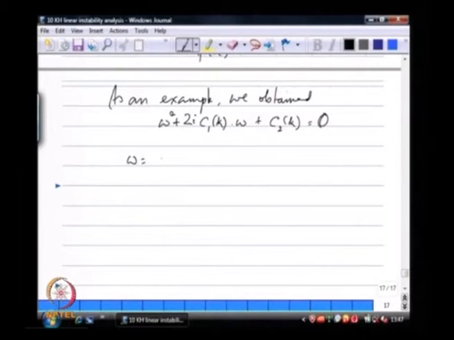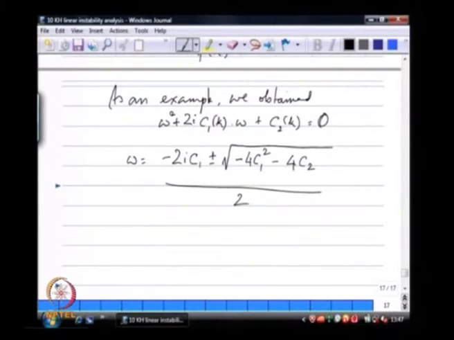That I just want to use, because what that does is this: minus 2I C1 plus or minus under the radical minus 4 C1 squared minus 4 C2, divided by 2. So, this gives me minus I C1 plus or minus the square root of minus C1 squared minus C2.